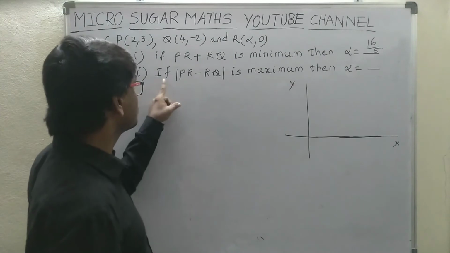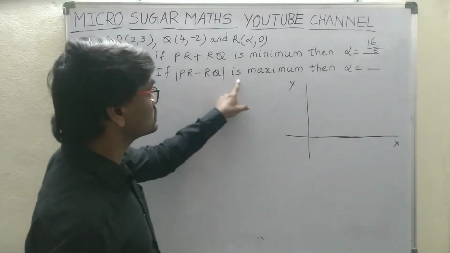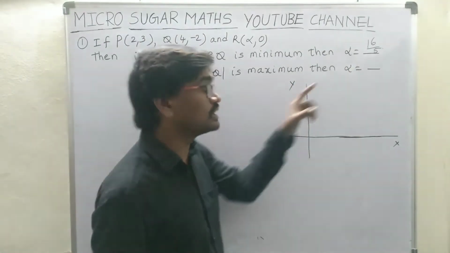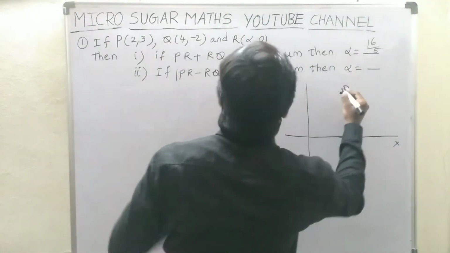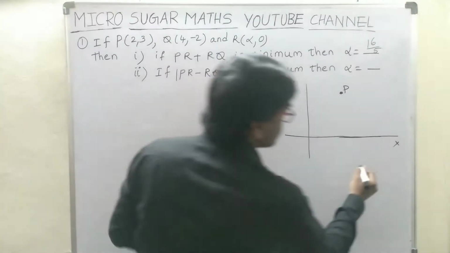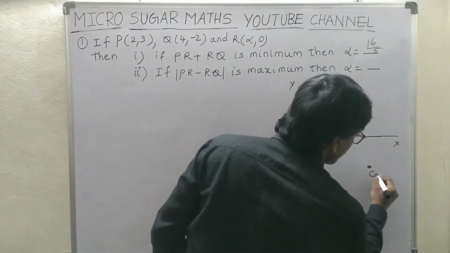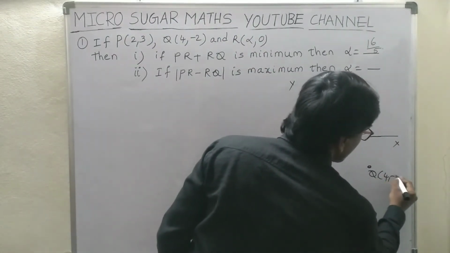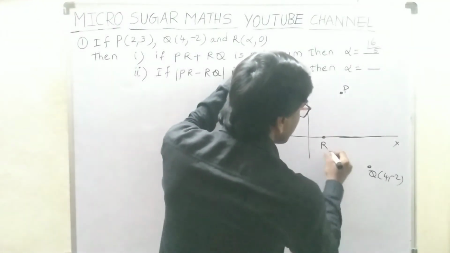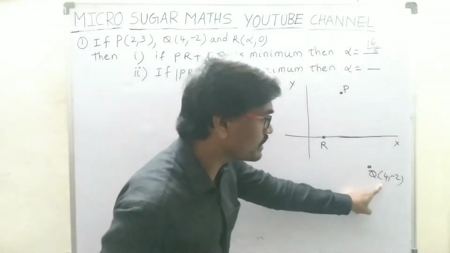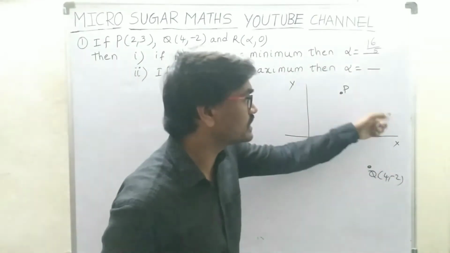Our next condition: if modulus of PR minus QR is maximum, then what is the alpha value? P point lies in the first quadrant. Q point (4, -2) lies in the fourth quadrant. R point (alpha, 0) lies on the x axis. Now students, find out the image of Q with respect to the x axis.